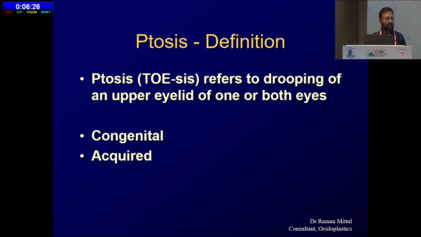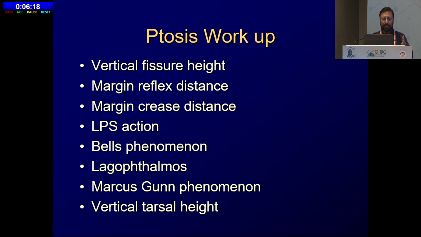By ptosis or droopy lids, it is drooping of either one or both the eyelids, which could be congenital or acquired. This is the workup schedule which we all know, that we need to work up on fissure height, margin reflex distance, crease distance, LPS action and whatnot.